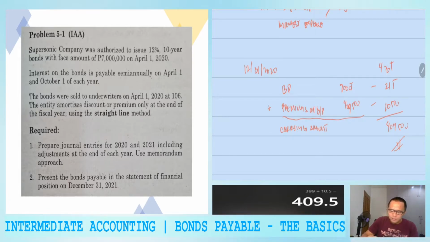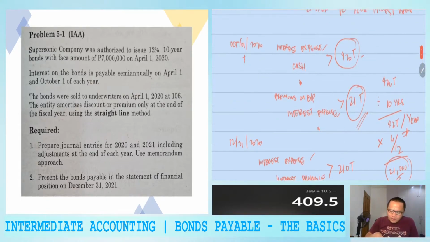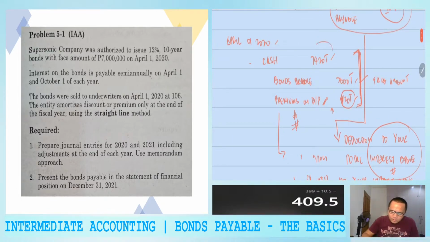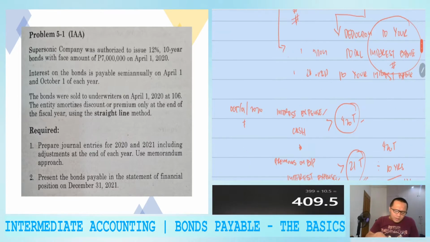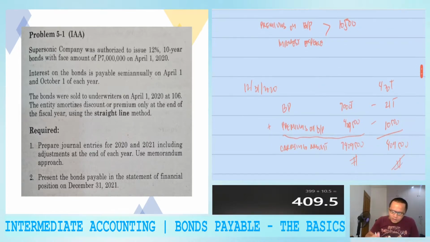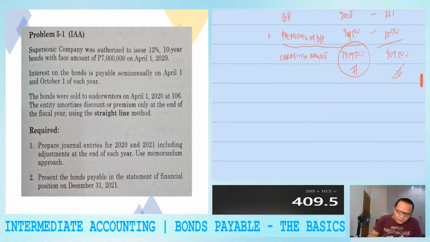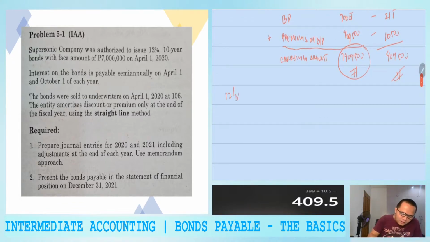The carrying amount of the bonds would now be 7,409,500. We started with a carrying amount of 7,420,000, that is the carrying amount on April 1. At the end of the year, December 31, the carrying amount is now 7,409,500.